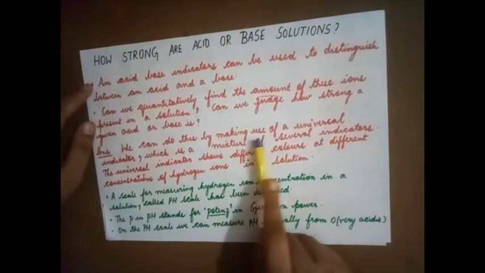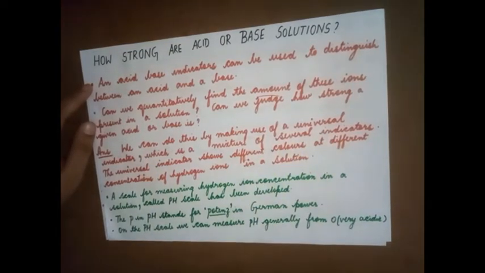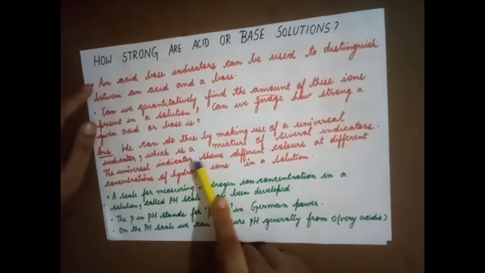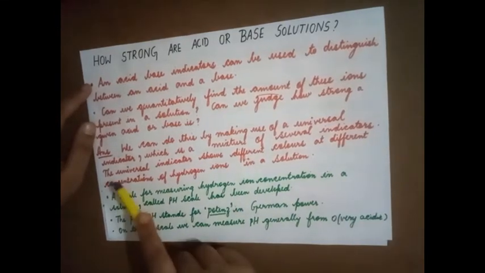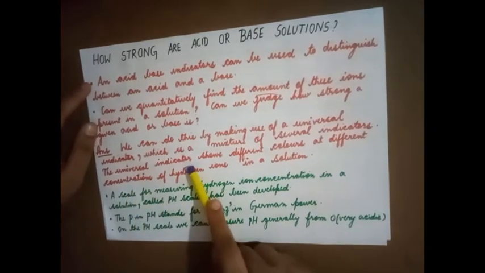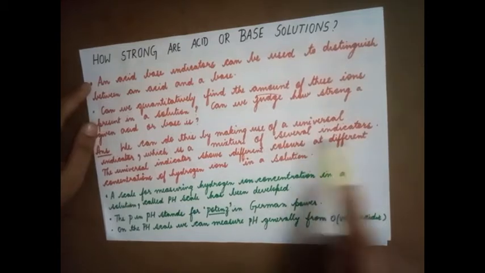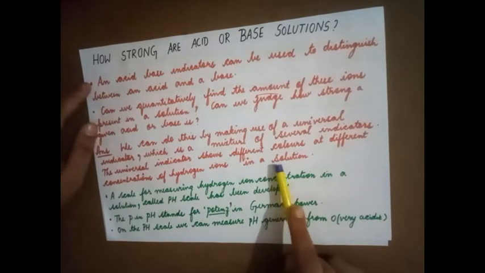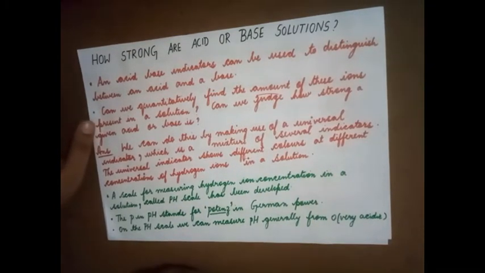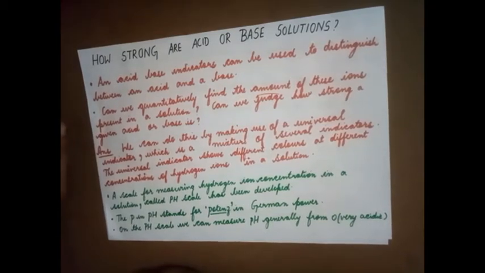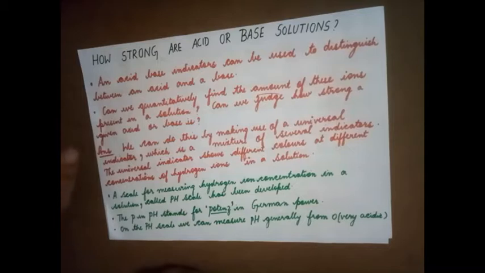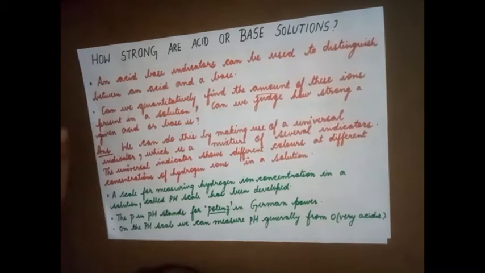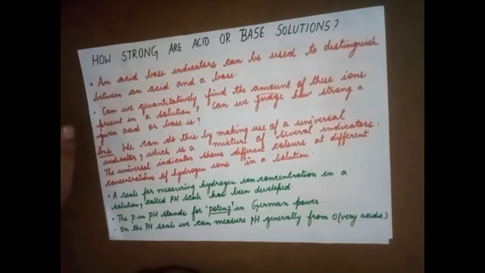We can do this by using universal indicator. It is a mixture of several indicators, and the universal indicator shows different colors at different concentrations of hydrogen ions in a solution. Several indicators are mixed together to give rise to universal indicator.